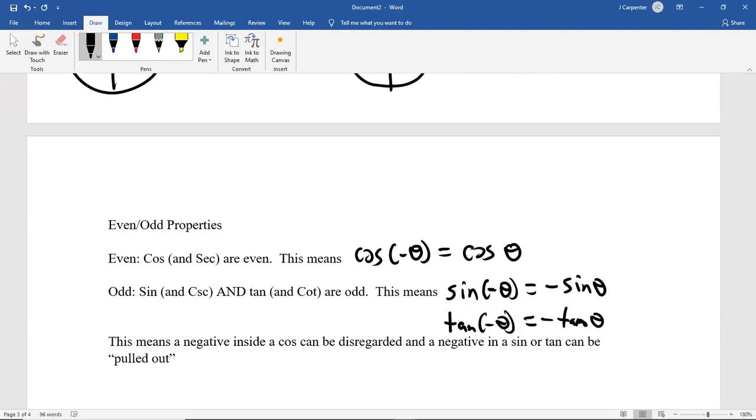So for even functions, think about a parabola. The height doesn't matter whether you go left or right. So this is us saying that the output of the trig function would be the same whether you rotate clockwise or counterclockwise. That's kind of like us going left or right in terms of an angle.